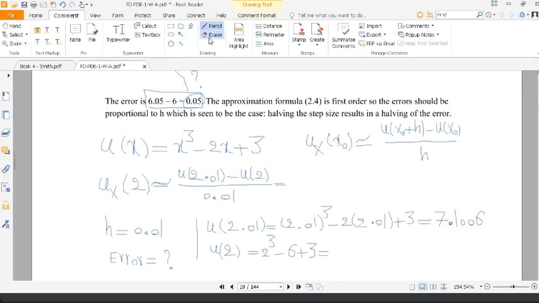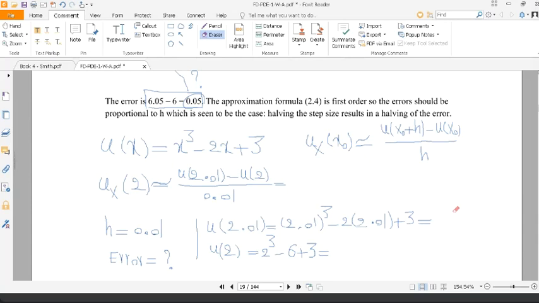I corrected it, 5. Please let me erase. Excuse me, my pencil is black.